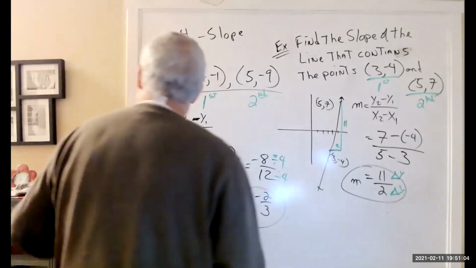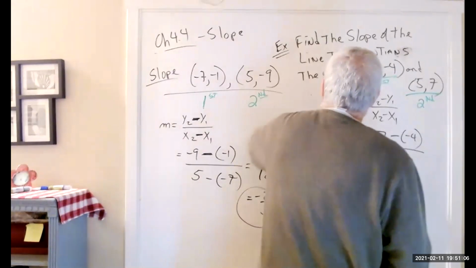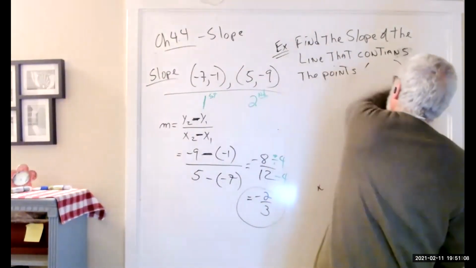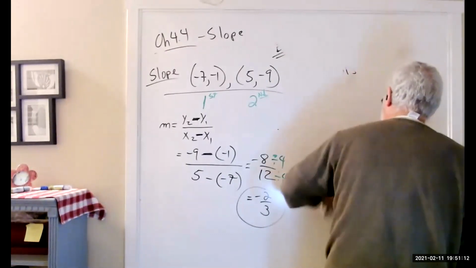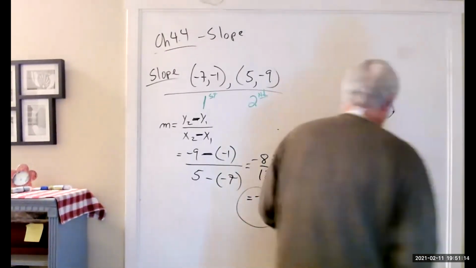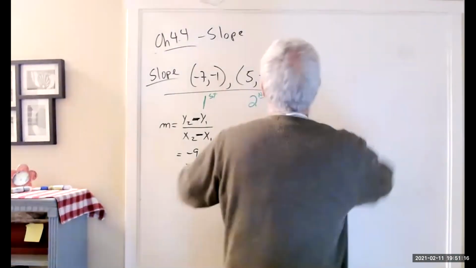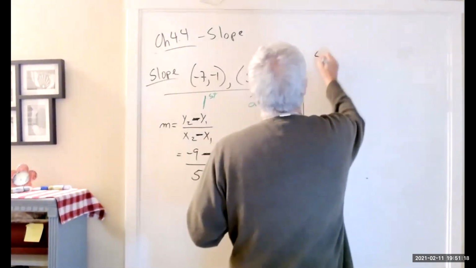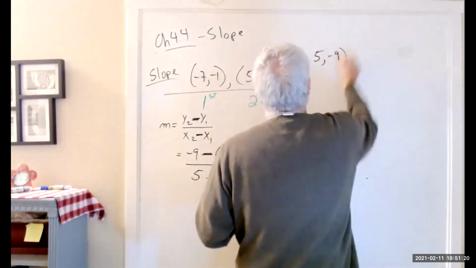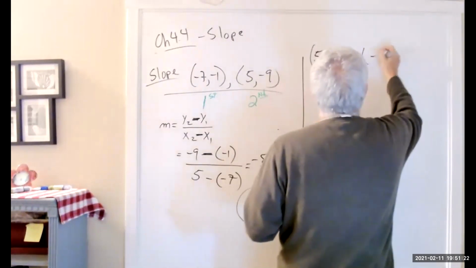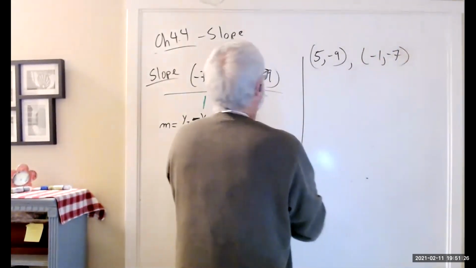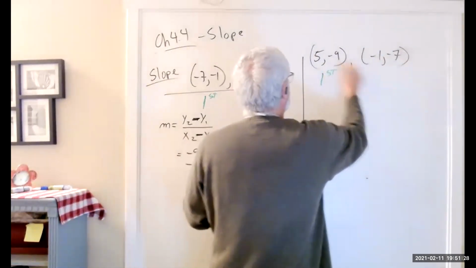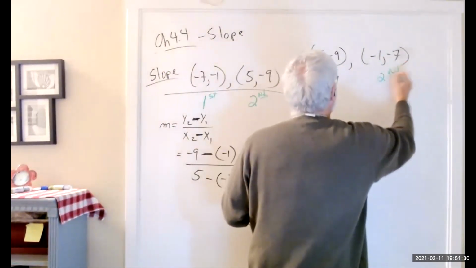Now, let's go back and reverse it. I'll get out of the way in a minute. I need to write this 5, -9 and -1, -7. So I've reversed the ordered pair. Oh, I wrote -7, -1 first, not -1.